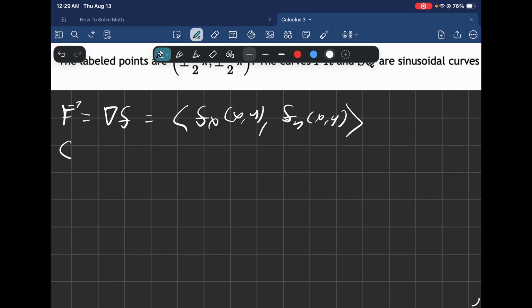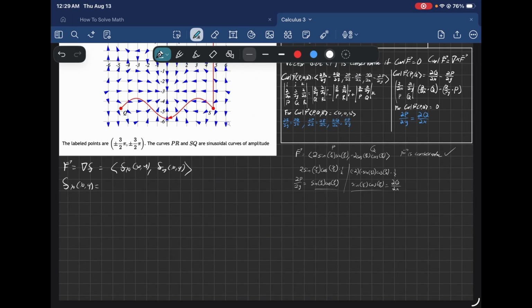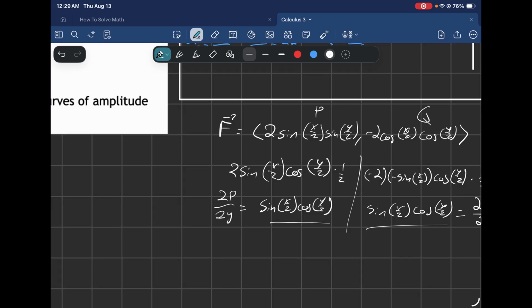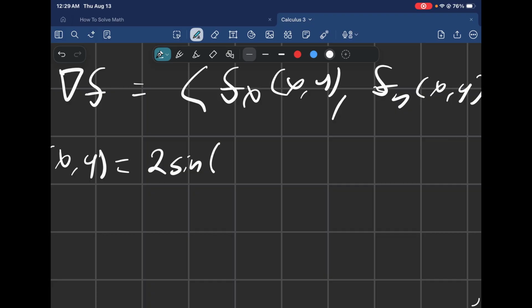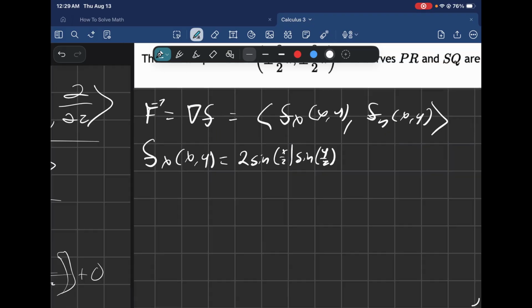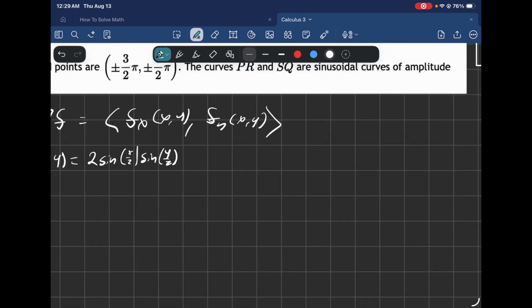We know that f sub x is just 2 sine x over 2 sine y over 2, and that f sub y is just negative 2 cos of x over 2 cos of y over 2.